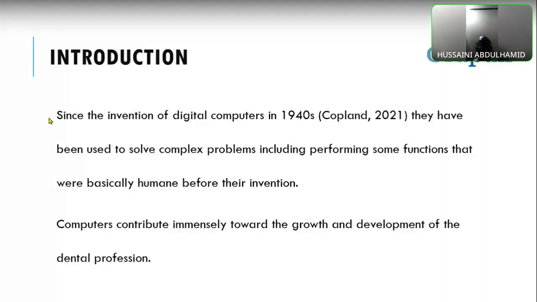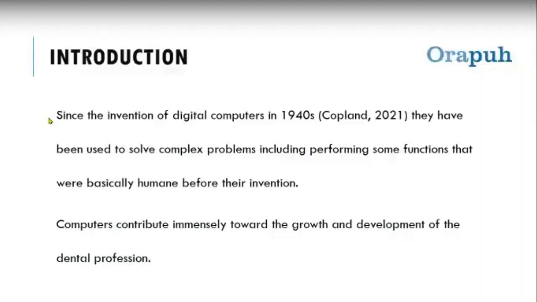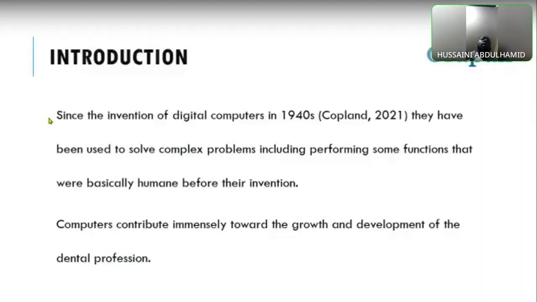The first generation of computers were introduced in the 1940s. Computers were made in order to make our work easier, efficient, and less time consuming. We know this is basically the interest of human beings. We always like to rest. We always like our work to be more perfect, more efficient, and less time involved.